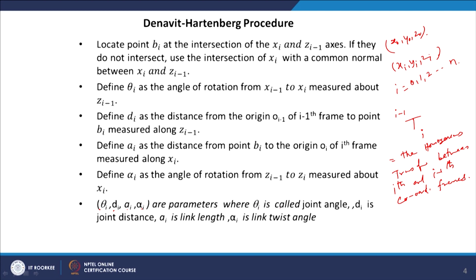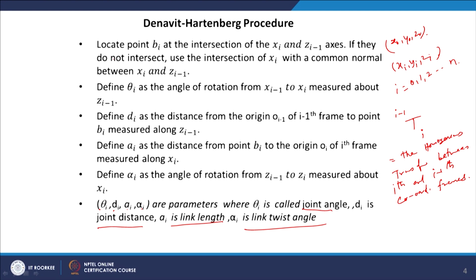So, theta I is called the joint angle and di is called joint distance, ai is called the link length and alpha I is called the link twist angle. So, these 4 parameters, some of them may be 0 and so we can fix the 4 parameters at every joint by following these definitions.